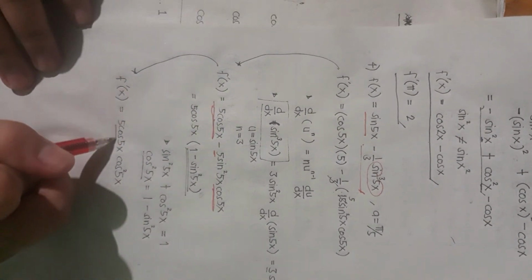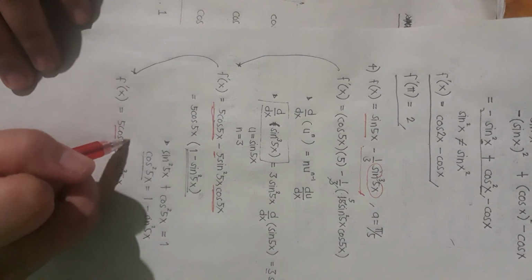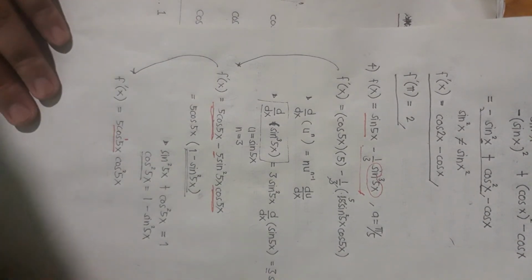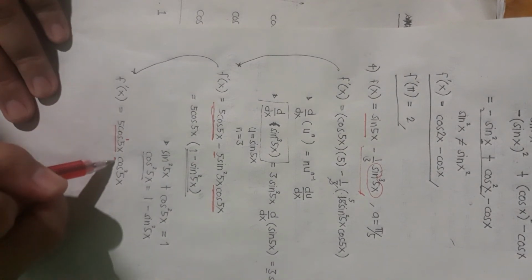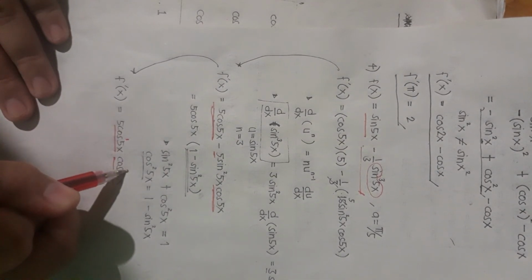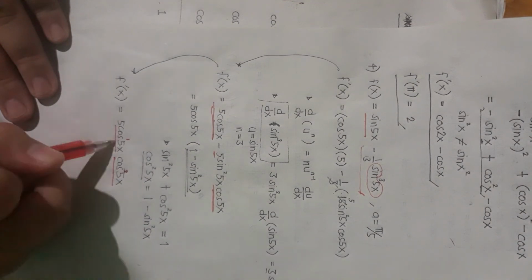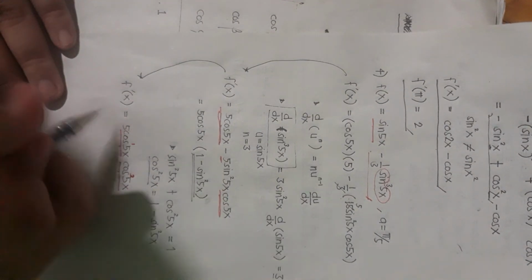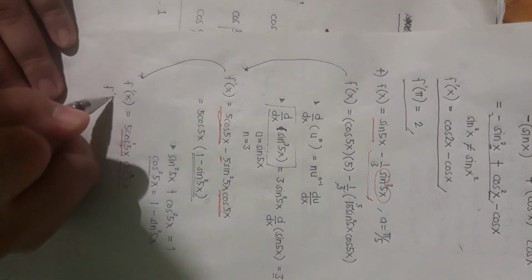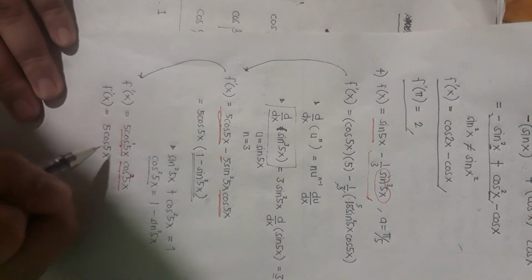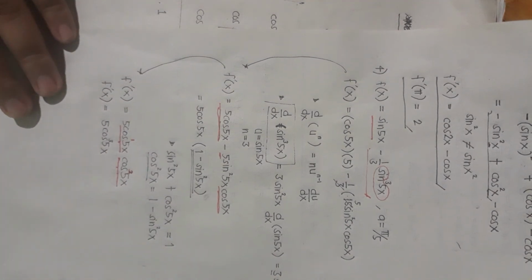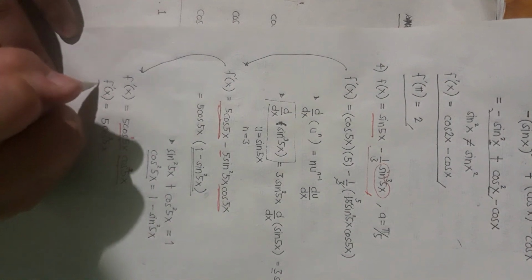One cosine 5x is raised to 1, of course, and another factor has the same base, cosine 5x, with an exponent of 2. So we could actually combine these two. So we'll now have the derivative 5 cosine of 5x cubed. This will be the first derivative of this function.